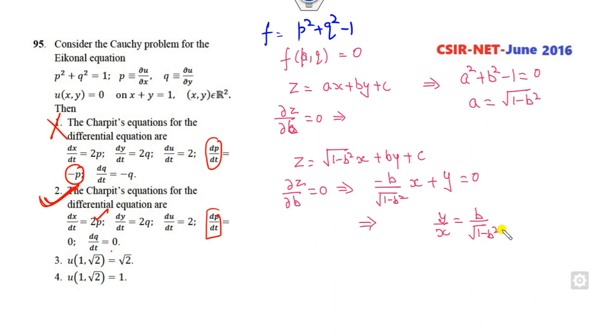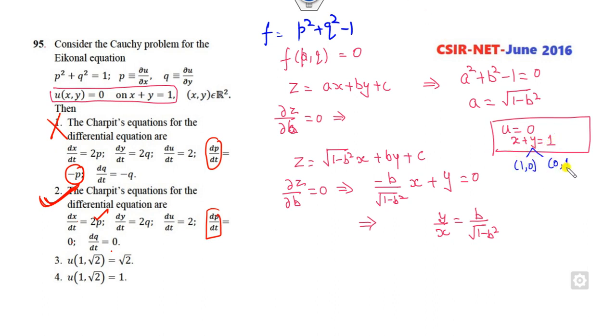Now how do you think about the rest of the part? There is one constant, c. Now you can see this condition. What is given to you? u is 0 on x plus y is equal to 1. You can think about any of the pairs, say 1 comma 0 or 0 comma 1, that's the simplest form.